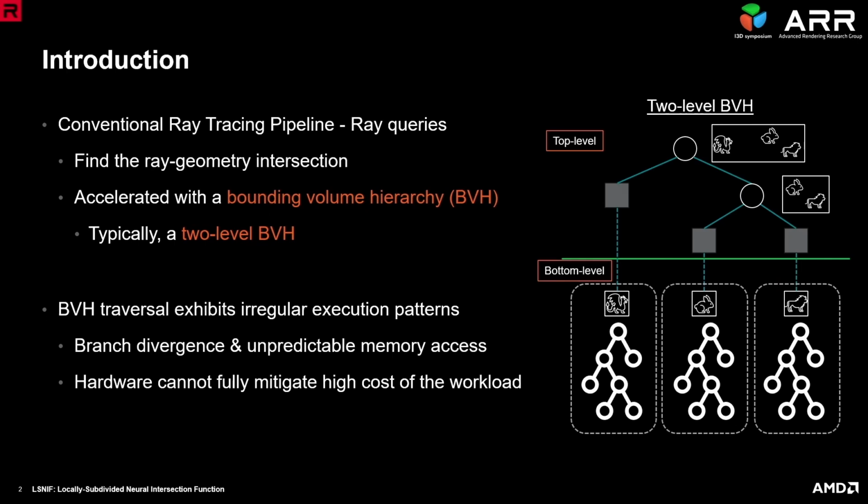However, this BVH traversal exhibits irregular execution patterns, such as branch divergence and unpredictable memory access to traverse this tree-like structure. So it's difficult to achieve maximum efficiency on GPU. Dedicated hardware accelerates it somewhat, but it cannot fully mitigate the expensive workload.